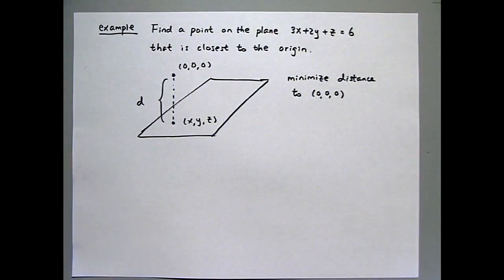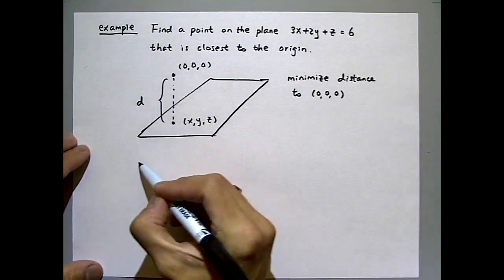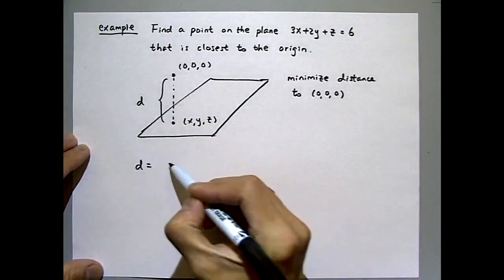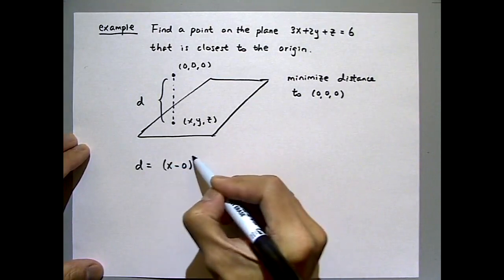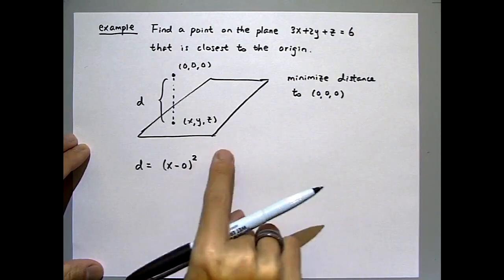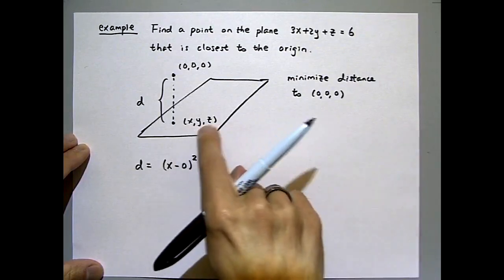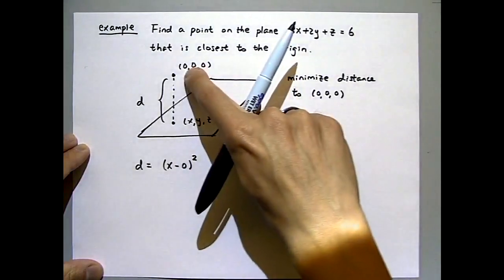Okay? So, we need to work with distance. Let's get the distance formula out. Some random point on the plane will have a coordinate that's (x, y, z). We want to go to the origin.